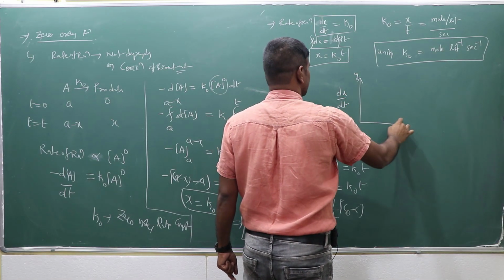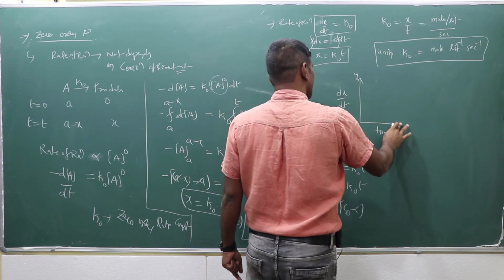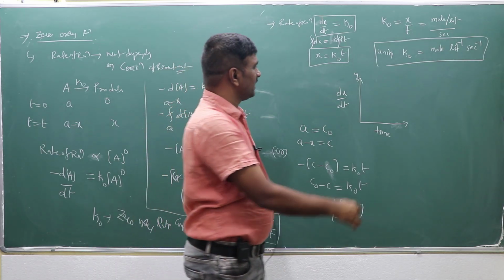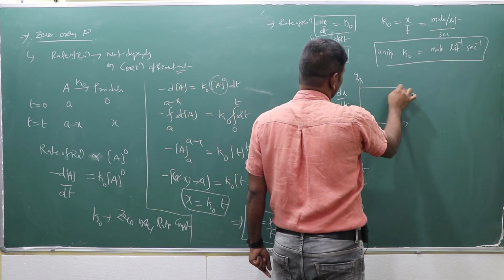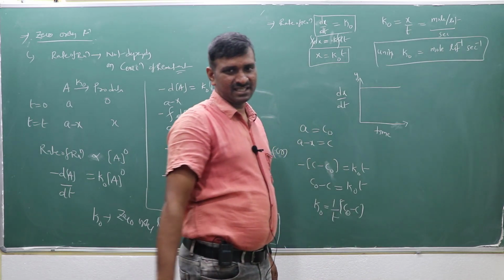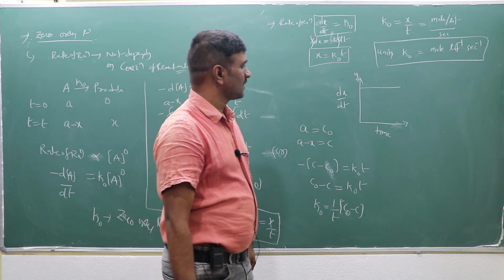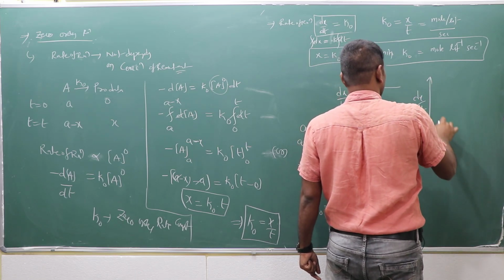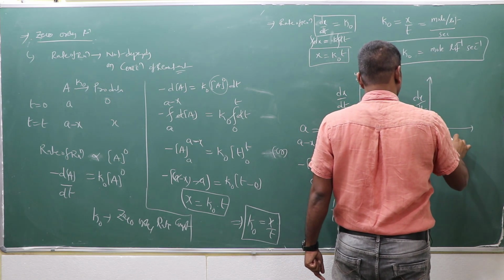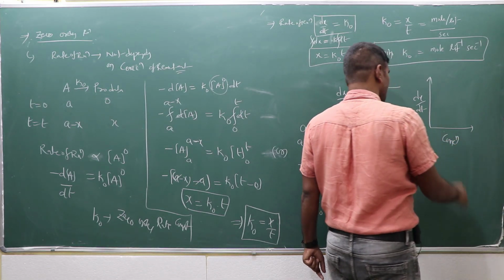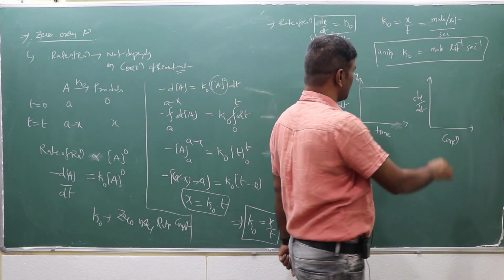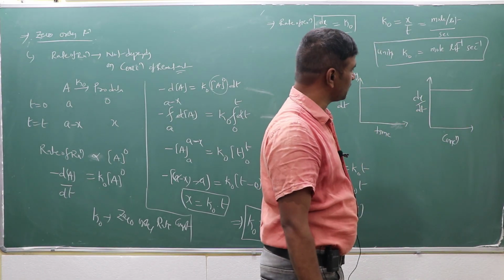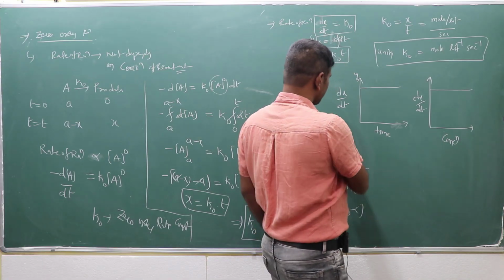Dx by dt versus time, depending upon the time. Here it does not depend upon the concentration of the reactant molecules, like here it is mentioned, or dx by dt, the concentration of the reactant molecules.